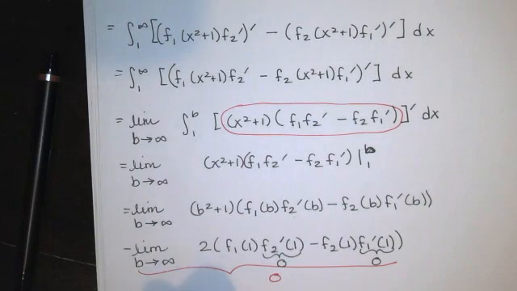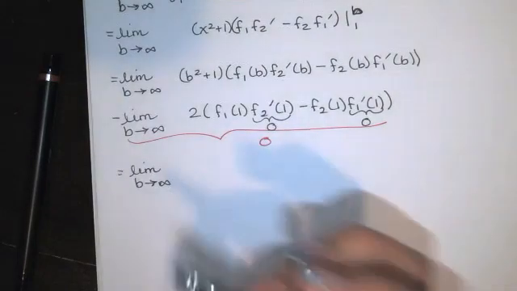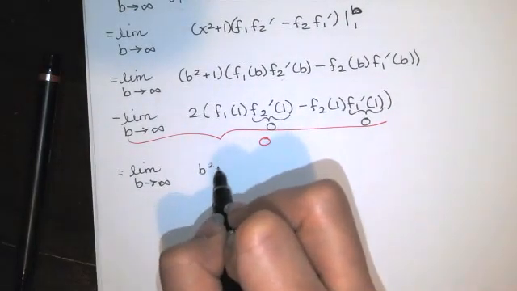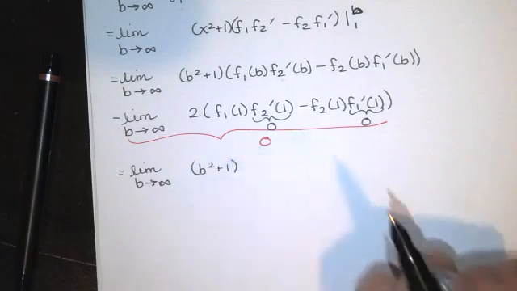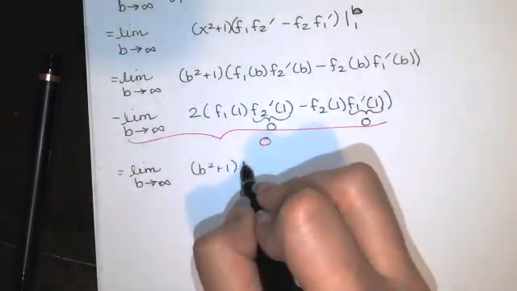So I have the limit as b goes to infinity of b squared plus 1 times this expression.